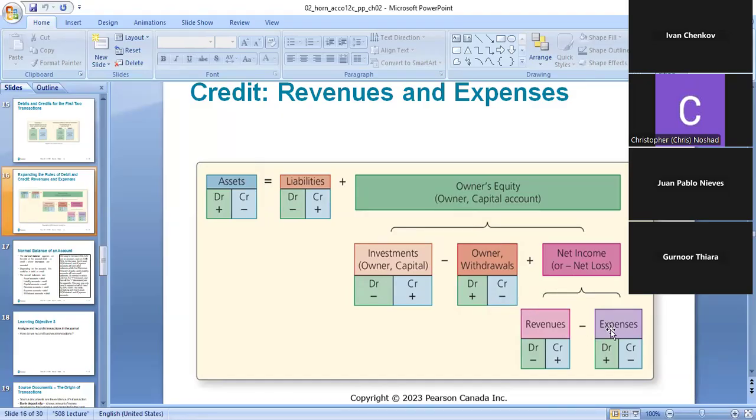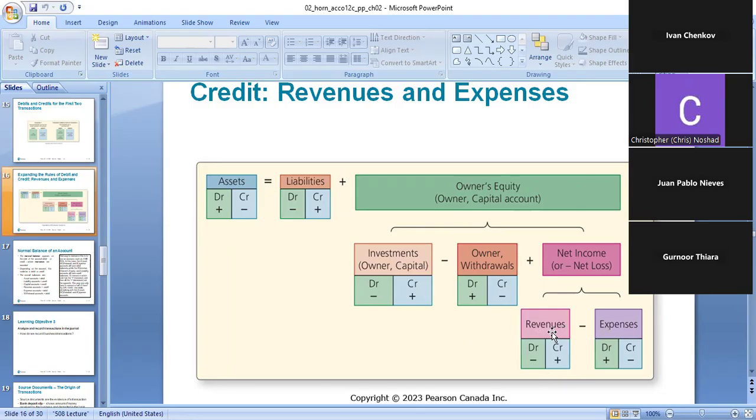Now let's see the revenue and expenses, how they behave. Revenue increases the capital. And since the capital increases on the credit side, revenue, when it comes on the credit side, is going to show the increase on the capital.